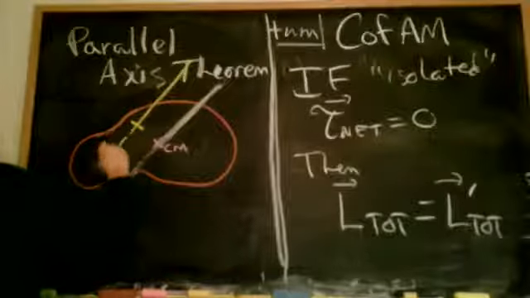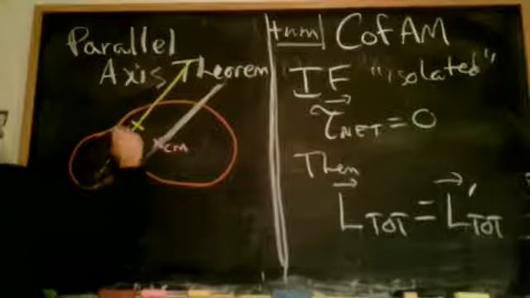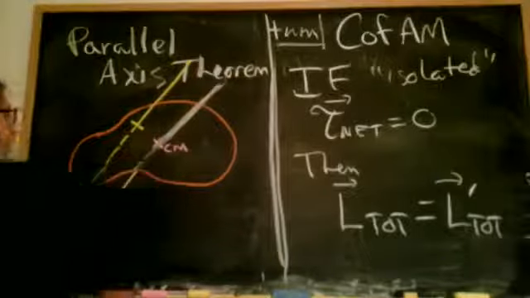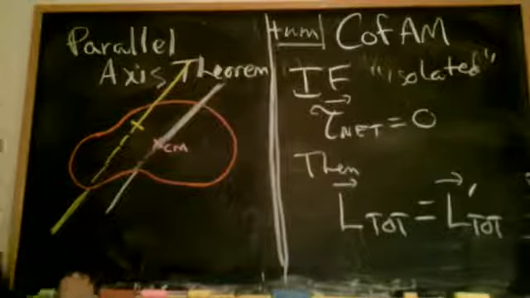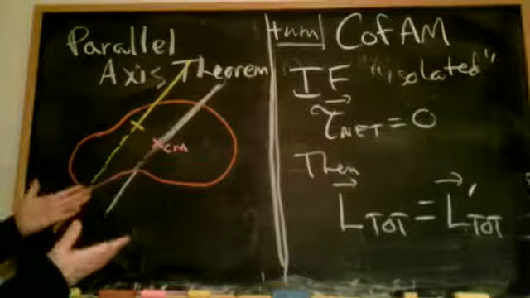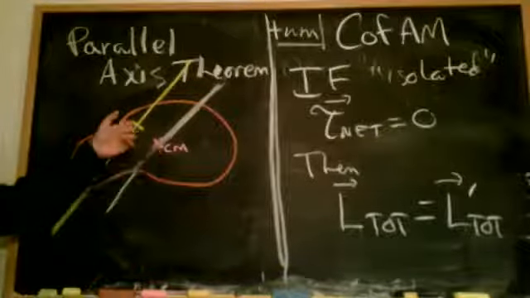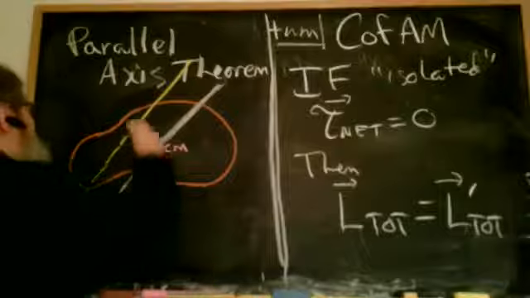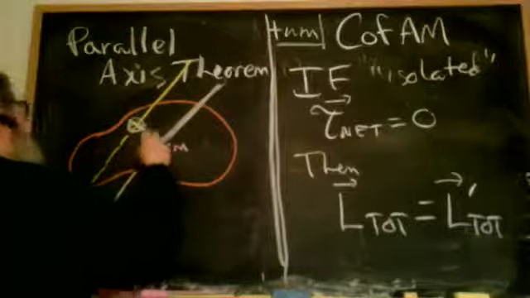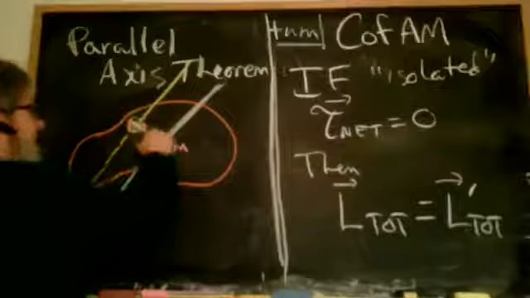The parallel part has to do with the orientation of the axis. It has to be parallel to the axis that you've already defined for the center of mass. Usually there's an obvious axle and you pick it. So you have this new position where you've skewered it.